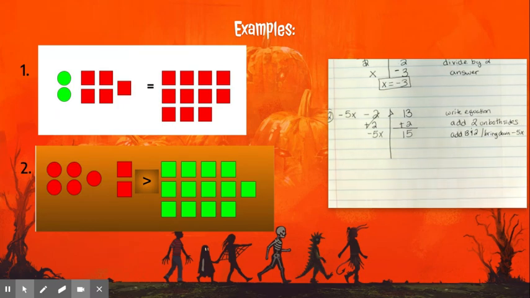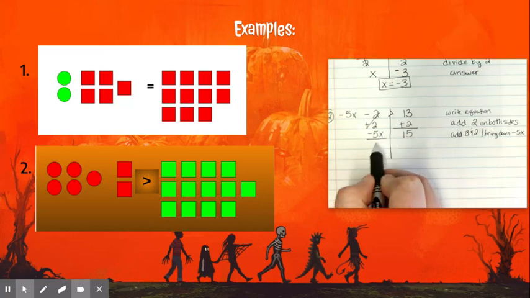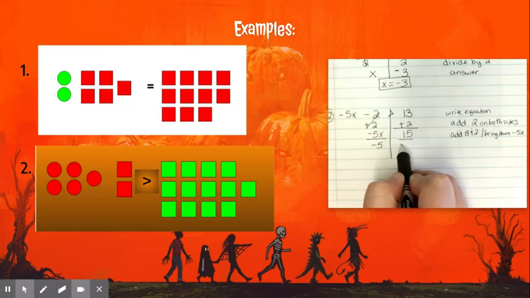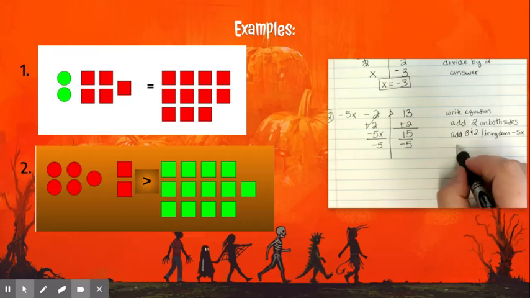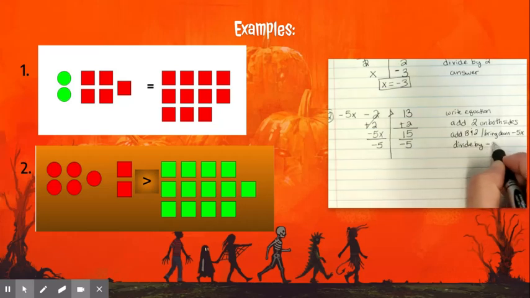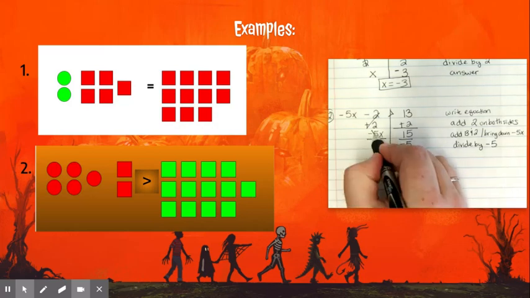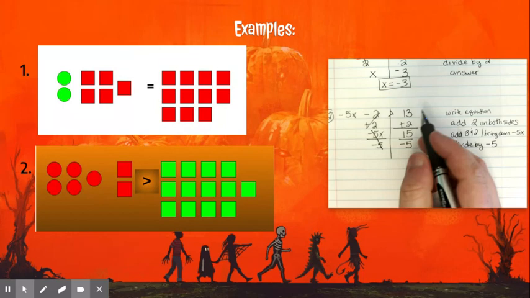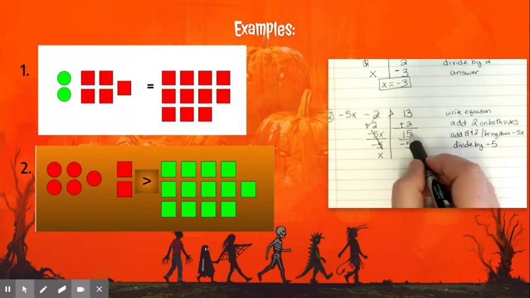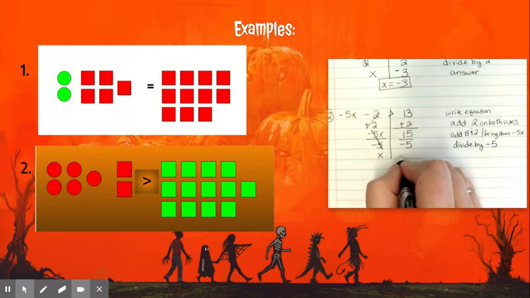Okay, and then last thing to do is get rid of that negative 5. So we're going to divide by negative 5. Negative 5 divided by negative 5 is a positive, so I'm left with x. 15 divided by negative 5 is negative 3.